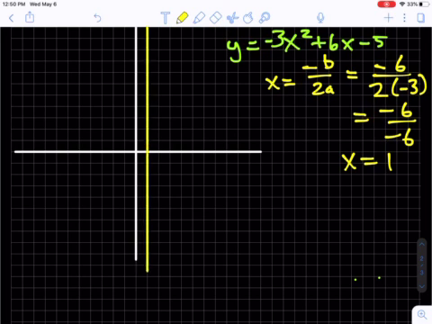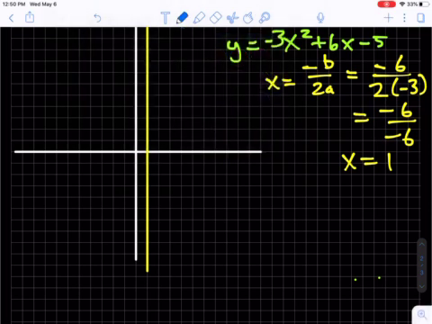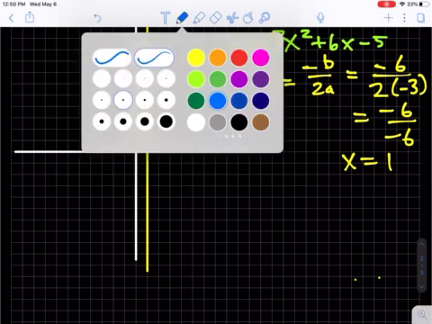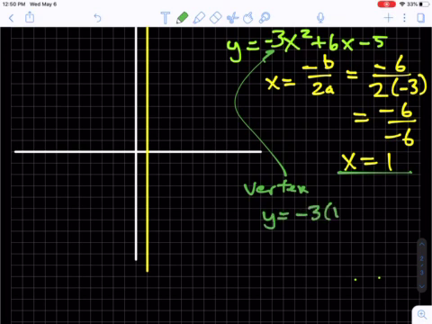All right? Then for my vertex, I think I did vertex in green, right? For my vertex, you're going to take this value and put it into the equation. So you're going to have y equals negative 3 times 1 squared plus 6 times 1 minus 5.